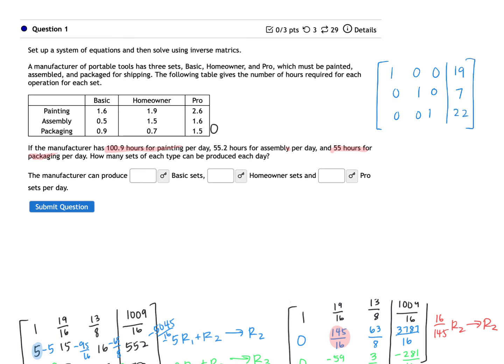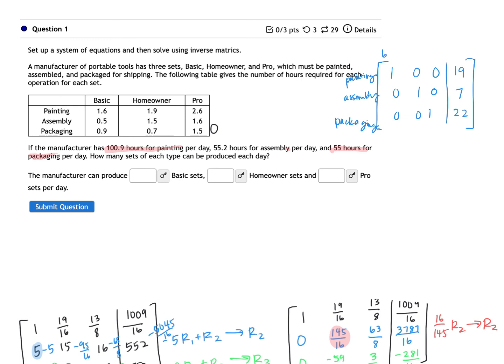So the first row represented the painting, right? So this is painting. The second row was assembly. The third row is packaging. And then we have columns.